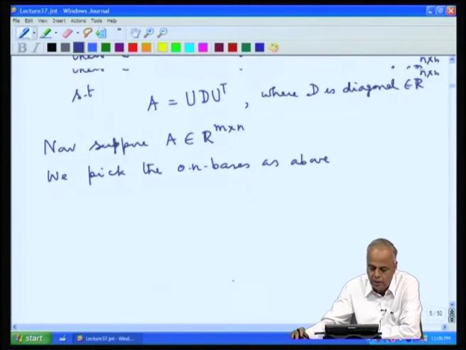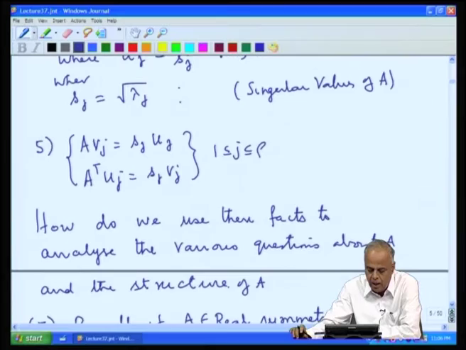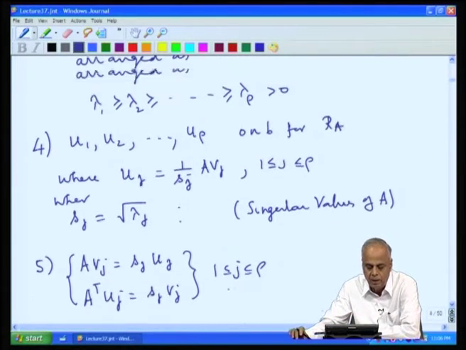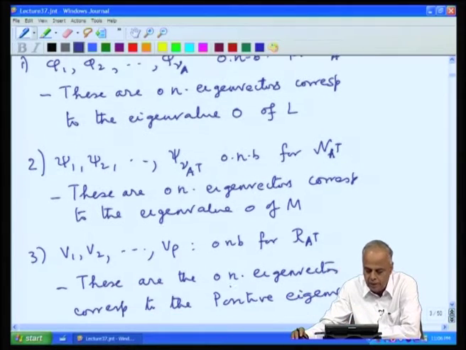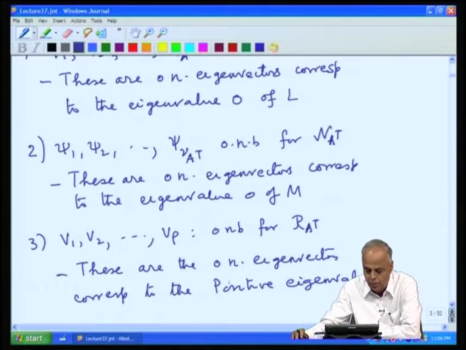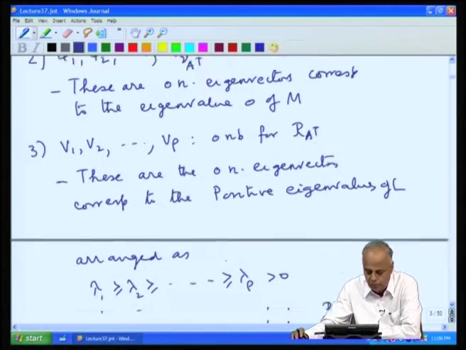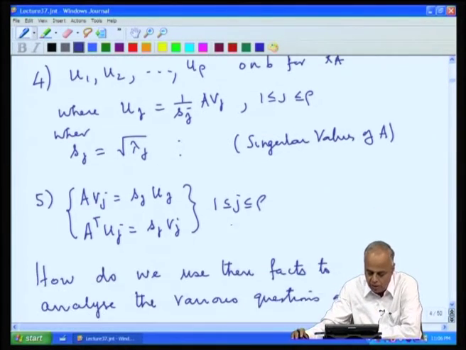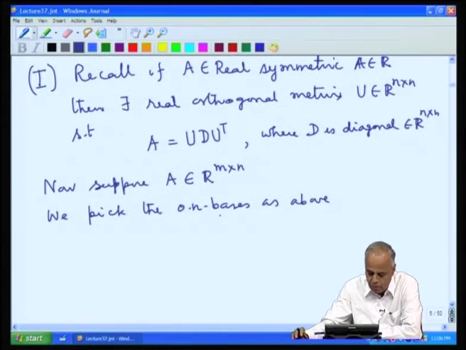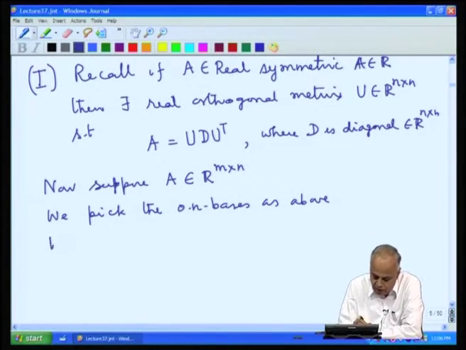That is, we construct the matrix L and then we pick phi_1, phi_2, ..., phi_nu(A), psi_1, psi_2, ..., psi_nu(A transpose), V_1, V_2, ..., V_rho, U_1, U_2, ..., U_rho as mentioned, starting from the matrices L and M. So, we pick the orthonormal basis as above.